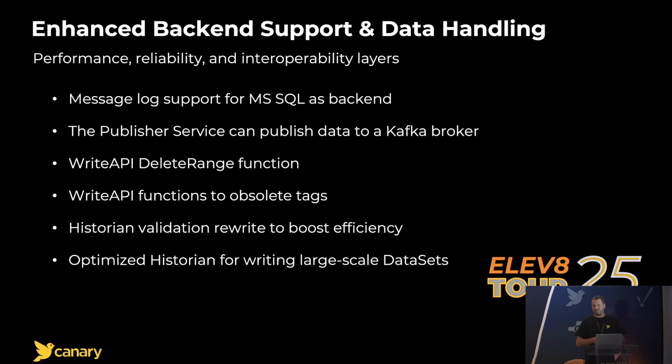History validation may not seem like a big thing to most people. It's something that actually runs in the background. Some people don't even realize it's there or what it's doing. But since we are file-based, there are instances where power interruptions, things like that, can cause validation errors within the historian files.